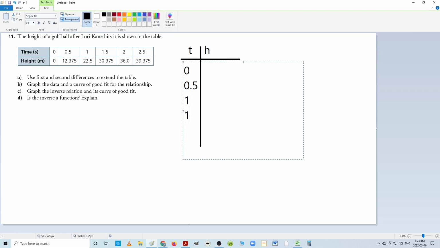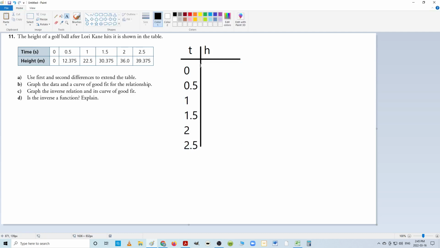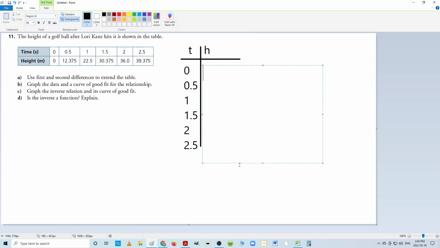Now, we can actually skip every 0.5 if we want, because it won't accurately reflect a per unit change. So I'm just going to write a notice at height 0. So this is someone striking a ball from the ground. So it starts at 0, 0, which means time 0, height 0, which helps a lot in determining the curve.